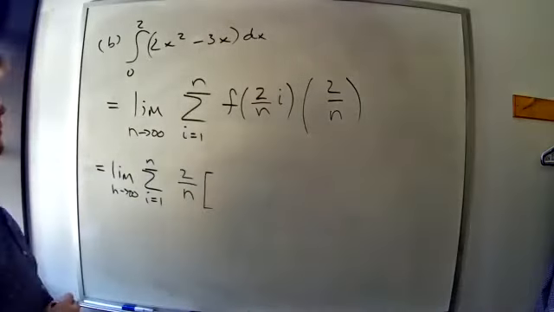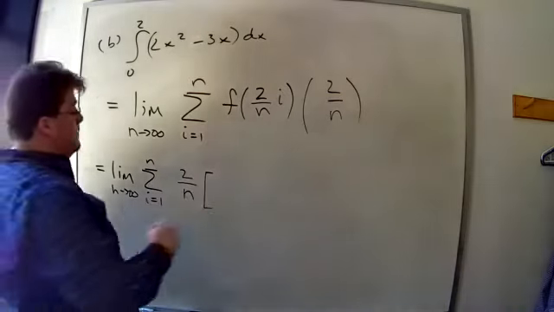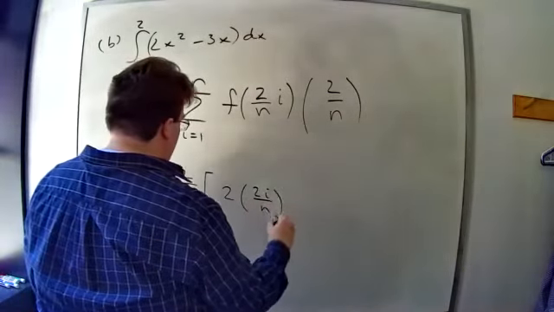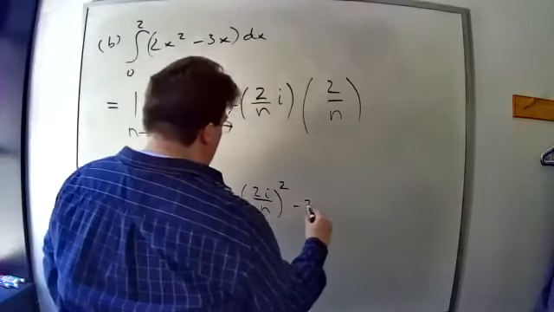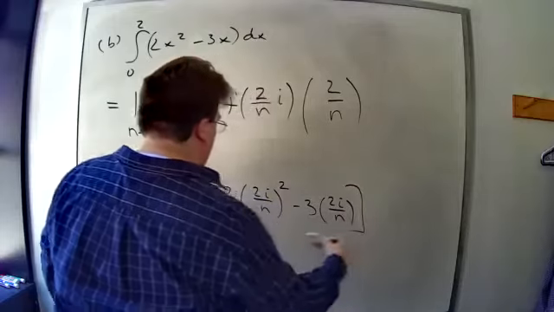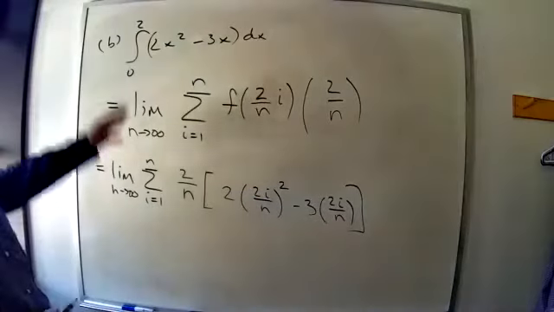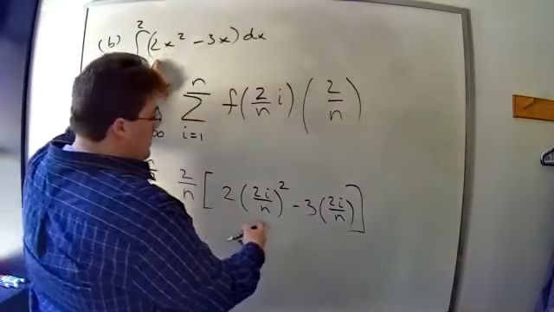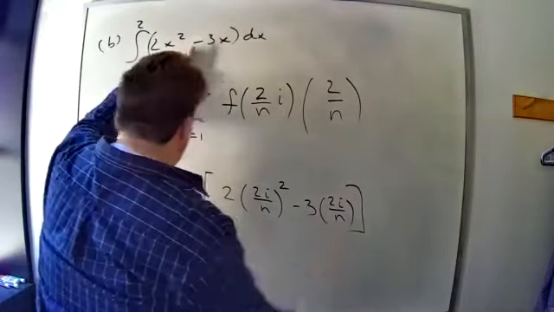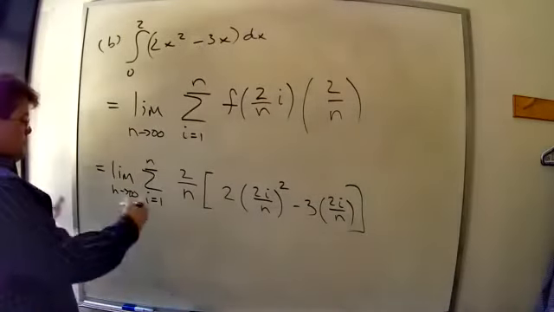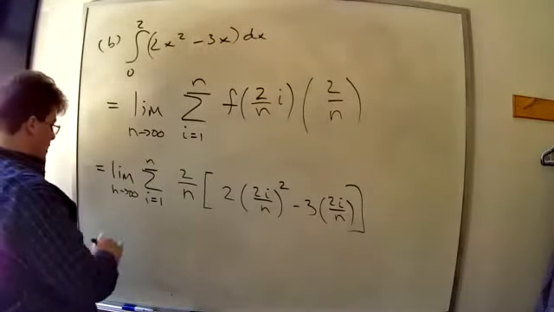And then we need f of 2i over n. F of 2i over n, replace all x's with 2i over n, so we get 2 of them squared minus 3 of them. And now we have some algebra to do before we can take care of the limit and the sum.